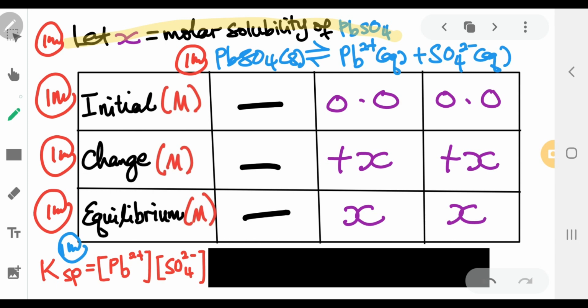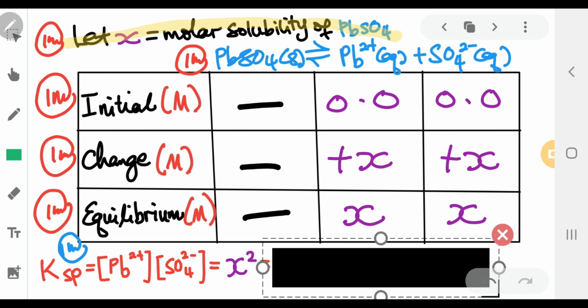By substituting, the molarity of Pb2+ at equilibrium is X, and the molarity of SO4 2- at equilibrium is equal to X. So you're going to put X inside and write it like this.